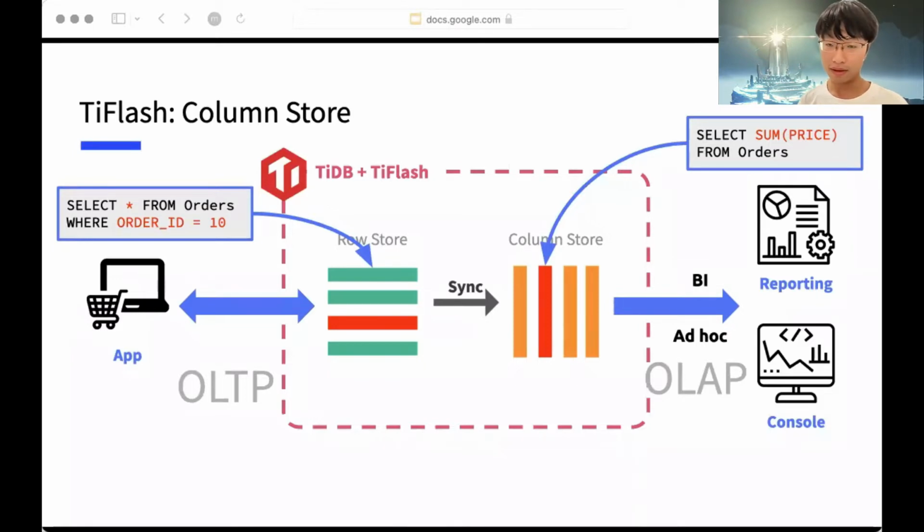So the write to both the OLTP part and the OLAP part is a transaction, right? Actually, the write only comes to the OLTP part, and we synchronize the records in the background to the OLAP part.